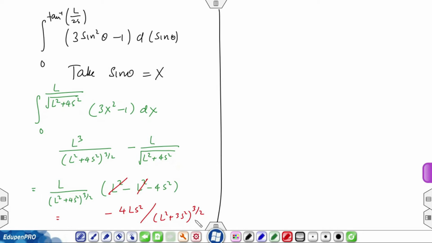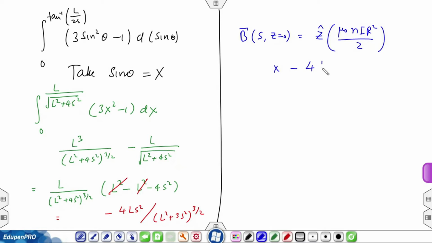And therefore, the answer for B at s, z equals 0 is z μ₀ n I r² divided by 2 times −4Ls² divided by (L² + 4s²)^(3/2).